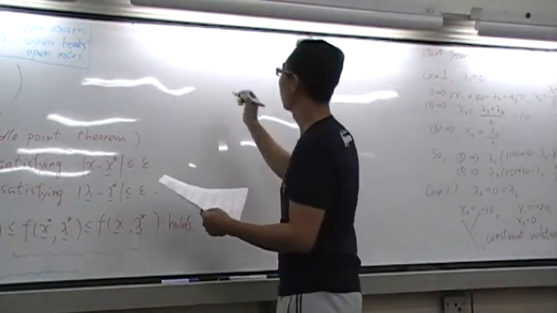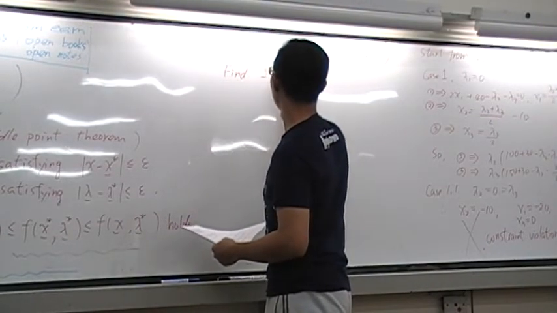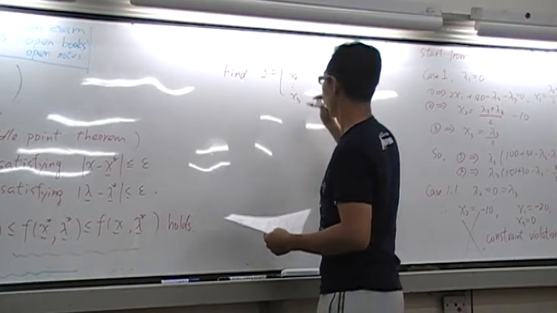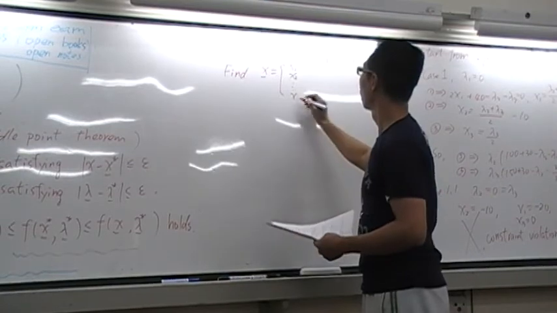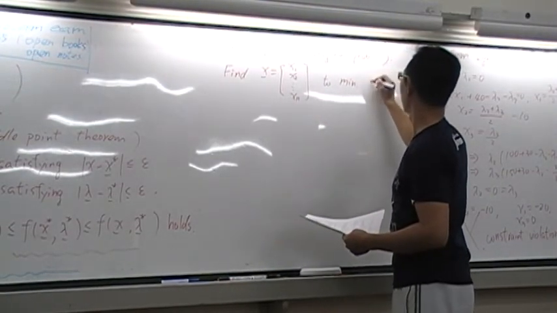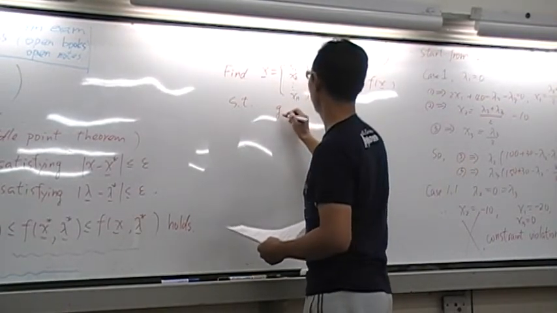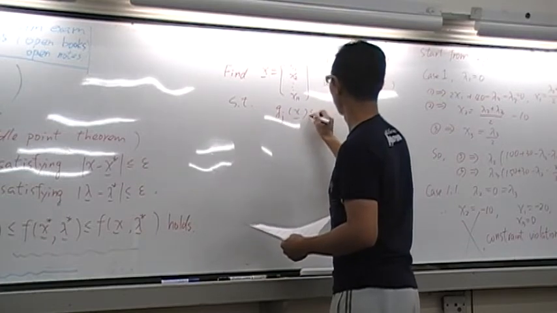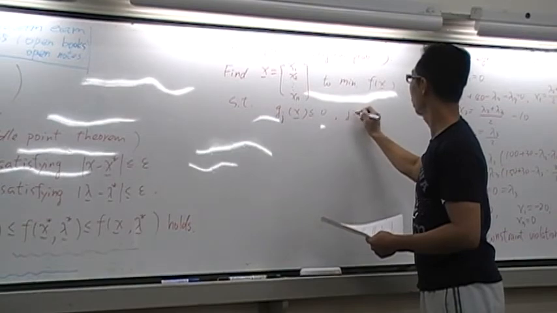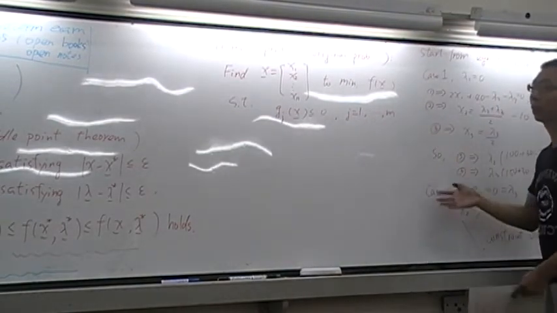Over here, it's very clear that the original problem is to find x, a set of variables, x1 up to xn, to minimize f of x subject to some constraints, g j, where j is from 1 up to m. So that's the so-called primal problem or the original problem.